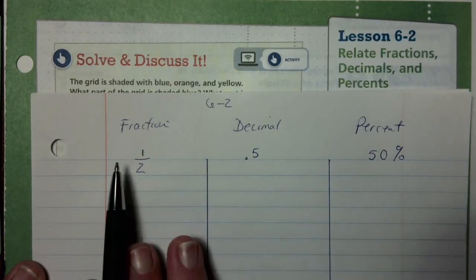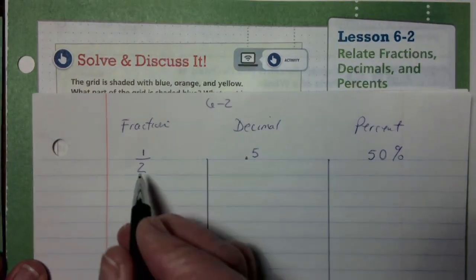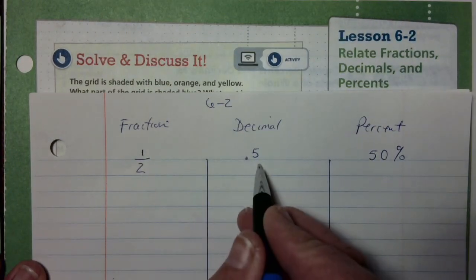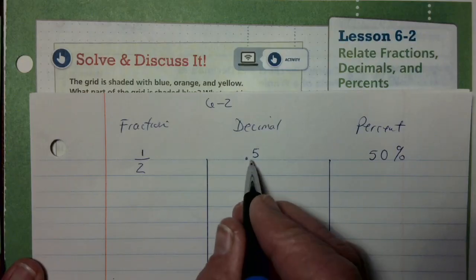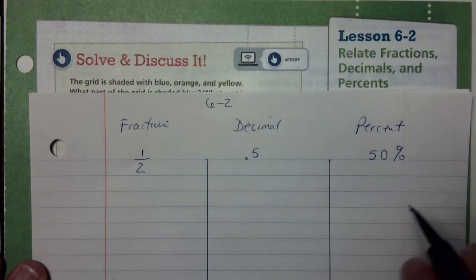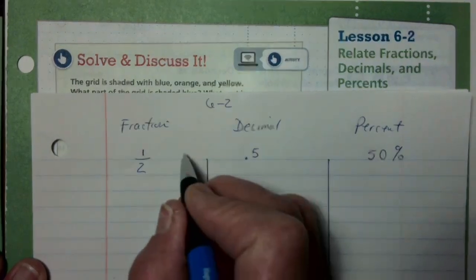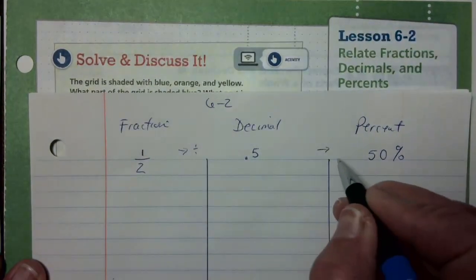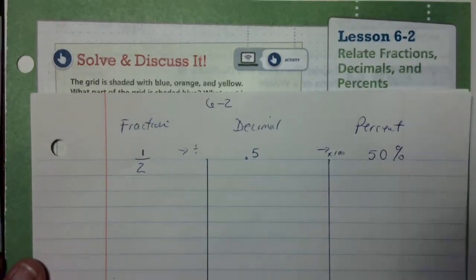So to get from the fraction to the decimal, I just divide the numerator by the denominator to get that decimal. And to get from the decimal to the percent column, I multiply by 100. So when I'm going this way, I'm going to divide. I'm going this way, I'm going to multiply by 100 to take this decimal and turn it into percent.